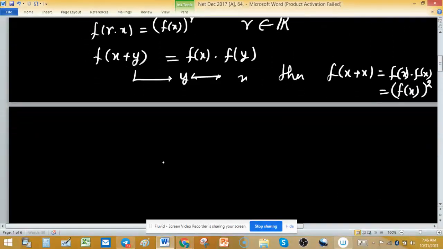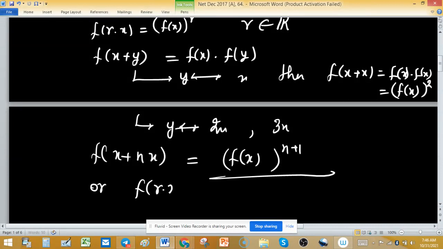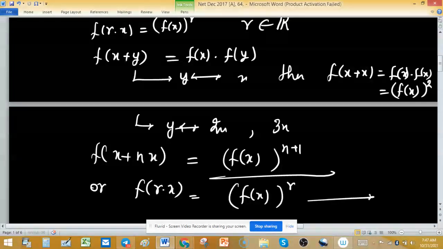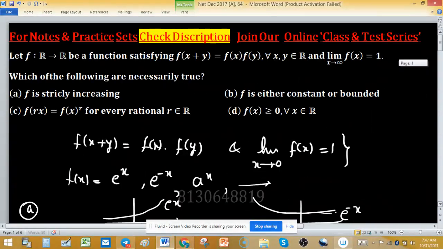If I replace y with 2x, then 3x, 4x, 5x, then I can obtain f(x + n times x) as f(x) raised to the power n + 1. Or clearly f(r · x) can be written as f(x) raised to the power r, and this is true for r coming from the set of real numbers.